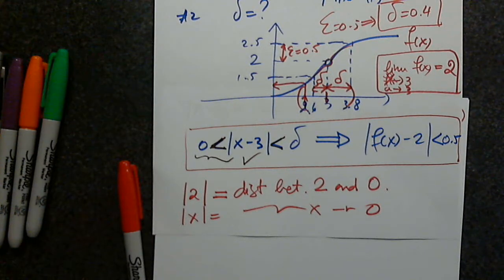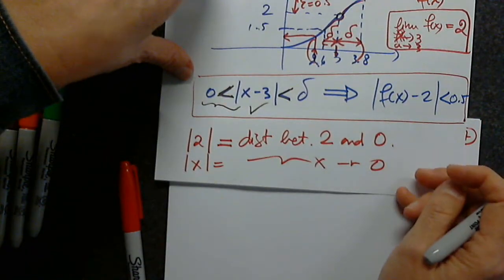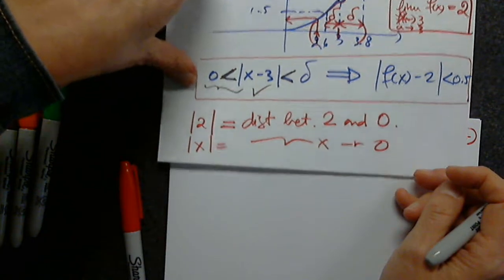Now stay with me. If I pick x here, what would happen to f of x? Can anyone decipher this for us exactly the way we deciphered that? What does that say? Epsilon. Exactly. Thank you.